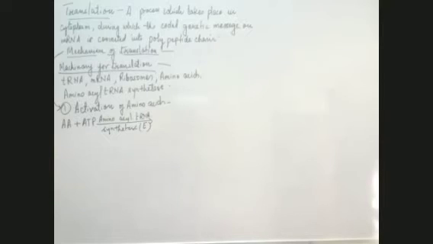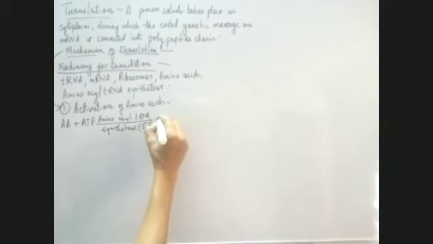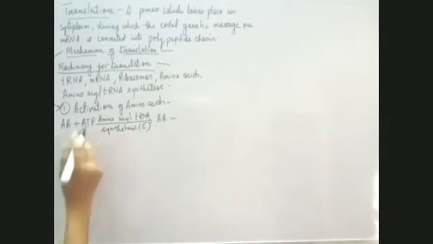So for this amino acyl tRNA synthetase, I'll write E. So when amino acids react with ATP in the presence of the enzyme, what is formed is amino acid. Now, when it reacts, that means ATP will break.